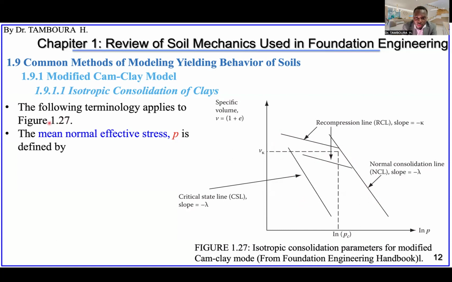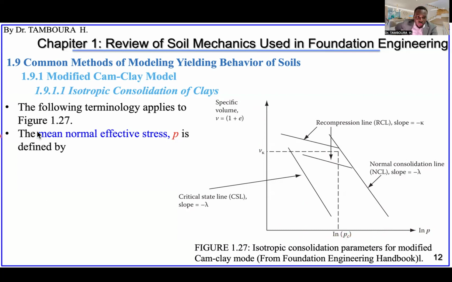So we have here V. This is the volume, because now we are not in 1 dimension, we are in 3 dimension. So this is volume, and this is P. You will see it now, but this is related to stress.